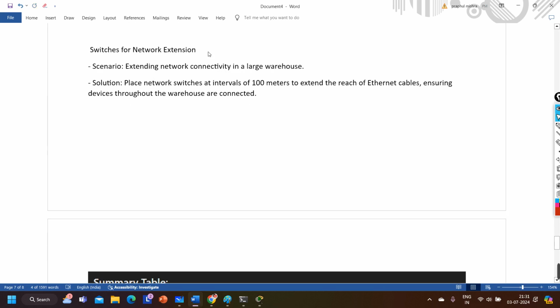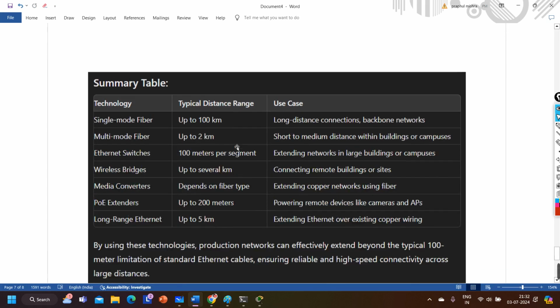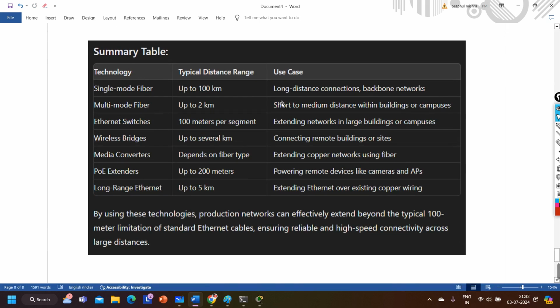Switch for network, okay, this is not much practical, I think. Then here you can see the speed. Single mode fiber is going to provide you up to 100 kilometers distance, right? So it is very long, yes or no? 100 kilometers, guys. Multi-mode fiber up to 2 kilometers. Please read it.